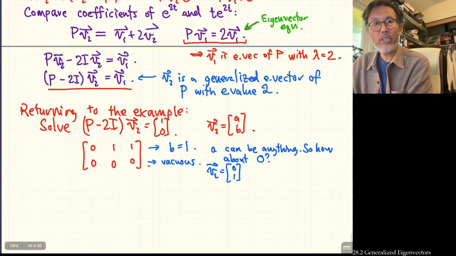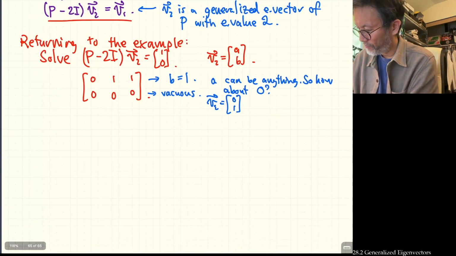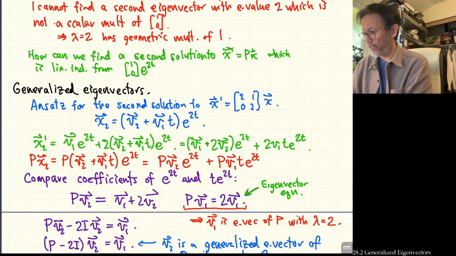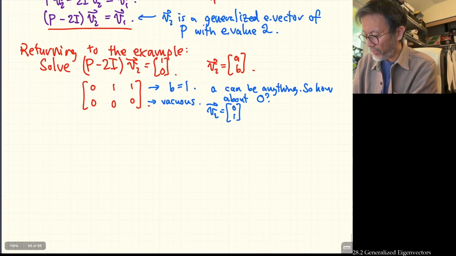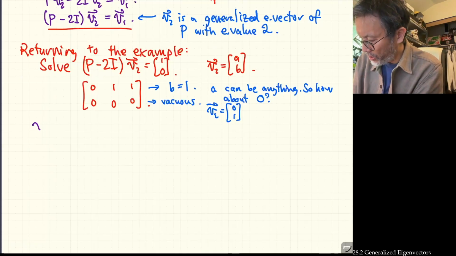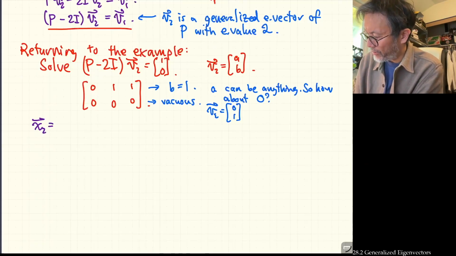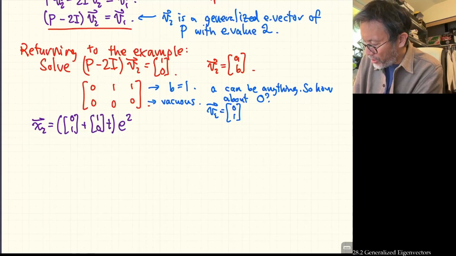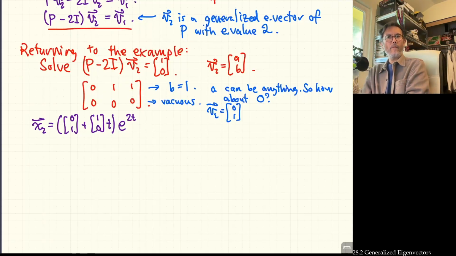Okay? So then returning to our ansatz. Our ansatz, don't forget, is V2 plus V1 t times e to the 2t. So x2, my solution that I get from this generalized eigenvector, is 0, 1 plus 1, 0 times t times e to the 2t.